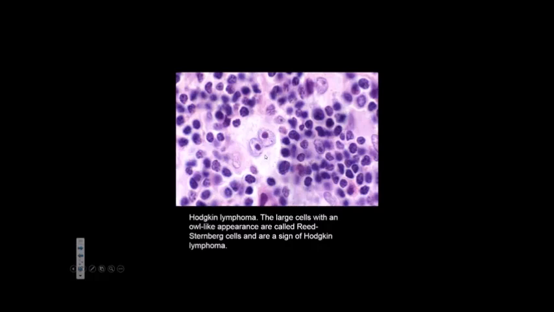Hodgkin's disease is a form of leukemia, and the manifestation is this owl eye type of morphology when you're looking at smears. I don't know why. Hodgkin's disease is one of the leukemias that you can cure, provided you catch it on time.